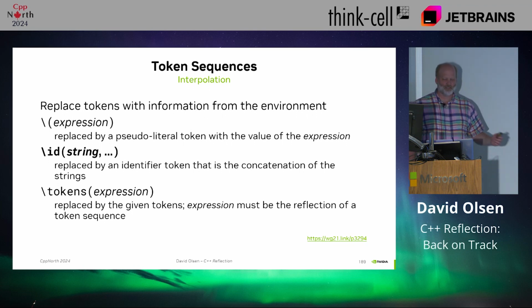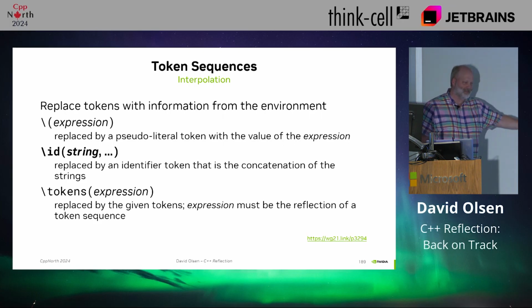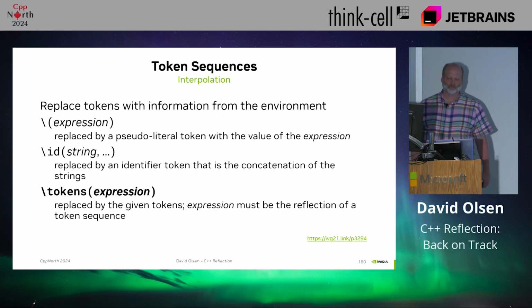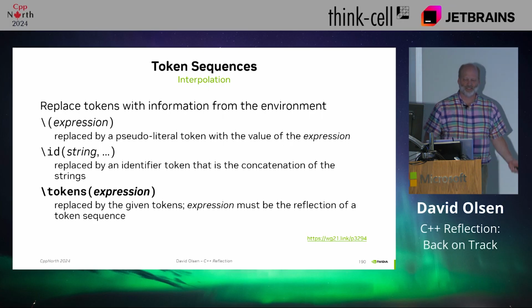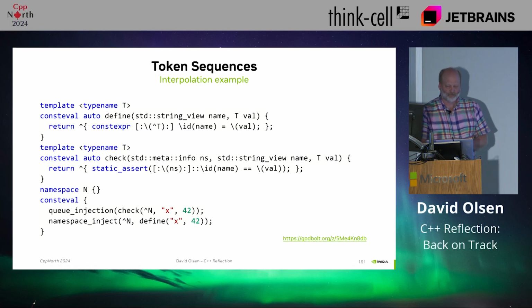Backslash id with a string-like thing or a sequence of those is replaced by an identifier token that's the concatenation of the strings. Backslash tokens can be used to insert one token sequence into another token sequence.